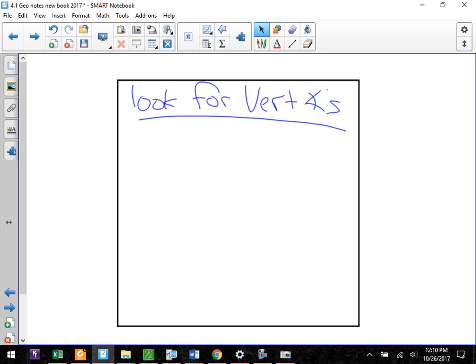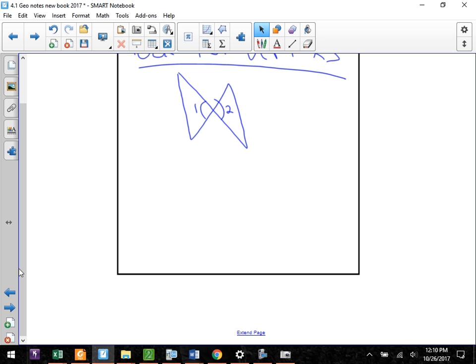Now, what I want you to do is draw a little picture of kind of what we have there. We have a kind of bow tie-ish looking thing. I'm just going to call this angle 1 and angle 2. And if you recall, on some of the progression pieces, we wrote it in terms of what we call the 2-column proof, a statement, then a reason, what you're saying and why. Well, my example here would be something like this.